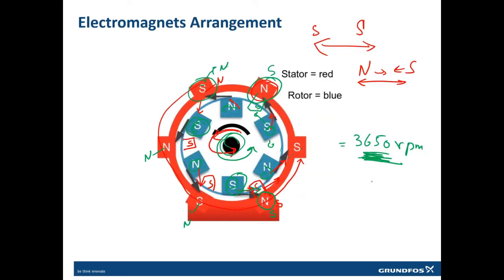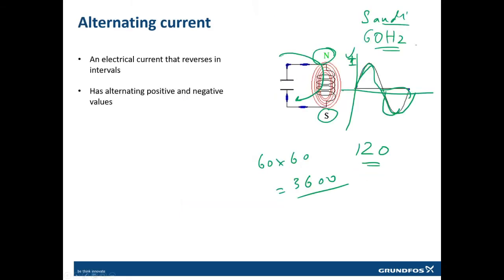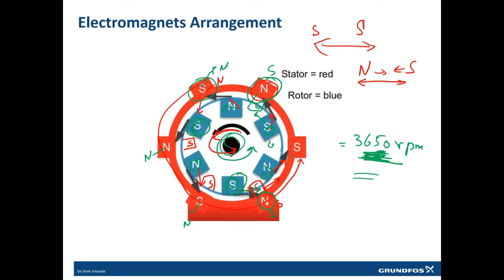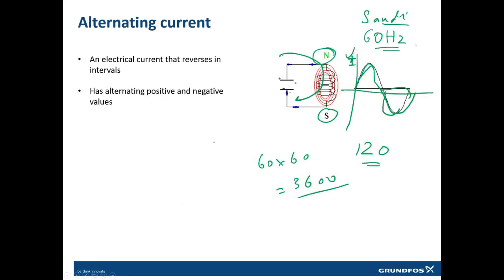Remember I said this number 3650, this 50, you can say magnetizing does not happen. There are some losses here, so you can say 50 turns are lost in the losses. But because of this change which we are making inside this stator, the magnetic field changes and rotates, and this happens because we are at 60 hertz.